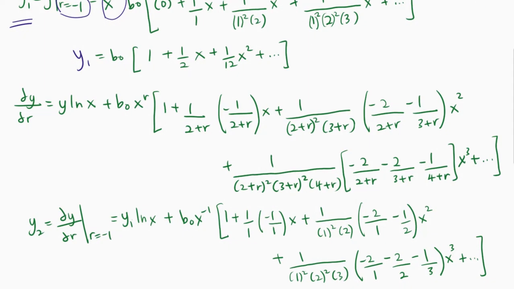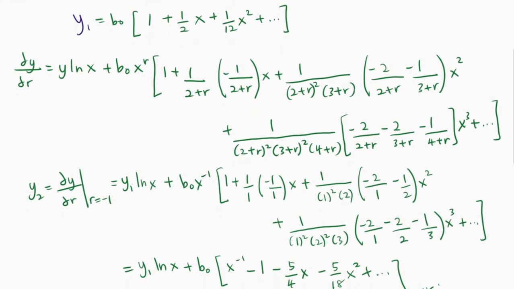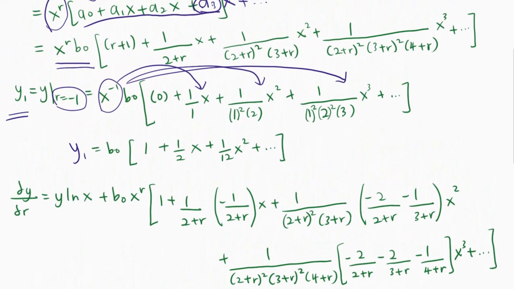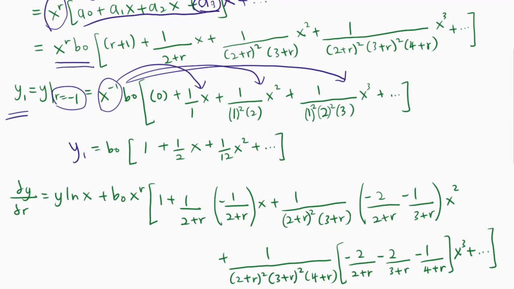Okay, the next for y2. For y2, we need to find this first, del y over del r. That means it will be y ln x plus b naught x power of r, open the bracket. Okay, r plus 1 earlier. Okay, let me put it. Okay, it's much better this way. So r plus 1 here, differentiate, we will have 1.